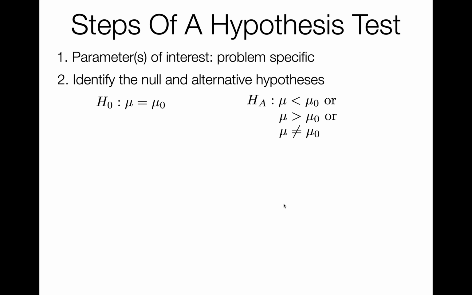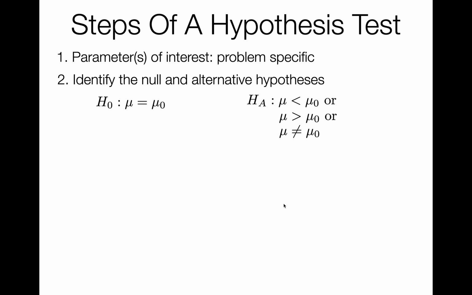Okay, so the null hypothesis is easy. It's always the same thing, always equal. In the alternative hypothesis, you have 3 choices: less than, greater than, or not equal to. As a small reminder, you'll know, hopefully, by the problem which alternative hypothesis you're going to use. When the problem states a direction, whether it's less than or greater than, I think something has increased or something has decreased, then you want to choose the inequality that goes with that direction, of course.